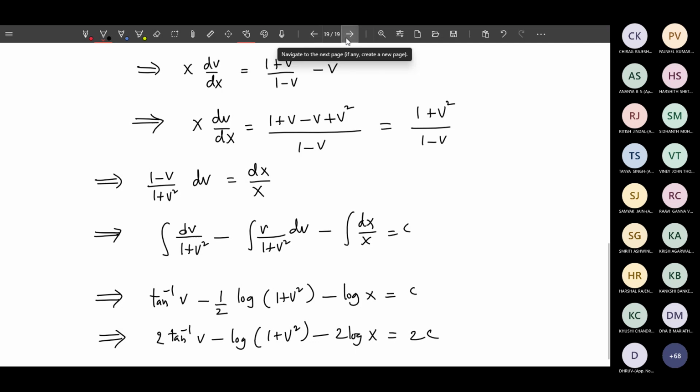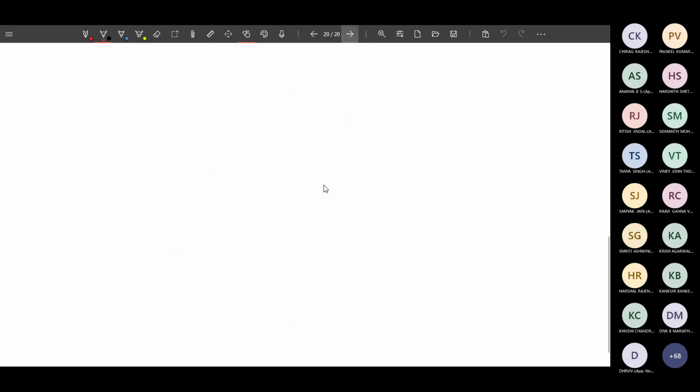So v is y by x. After y by x, you have the shifting of the origin again, that shifting of that point. This means 2 tan inverse v, where v is y by x, and one more step, log 1 plus v square times x square equals 2c.